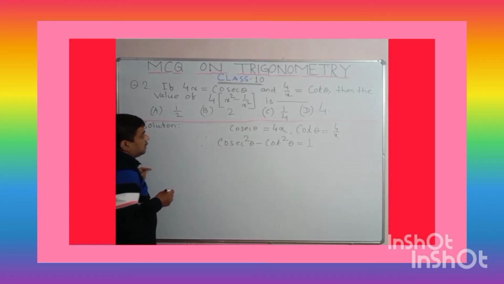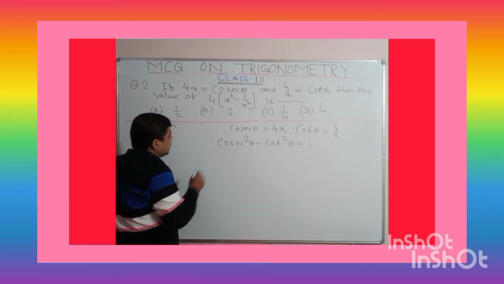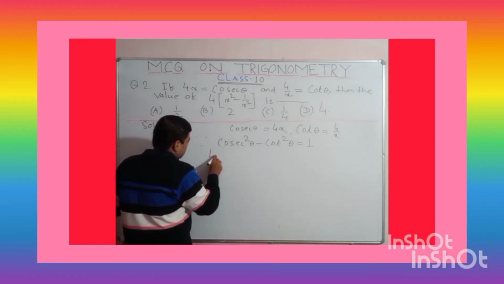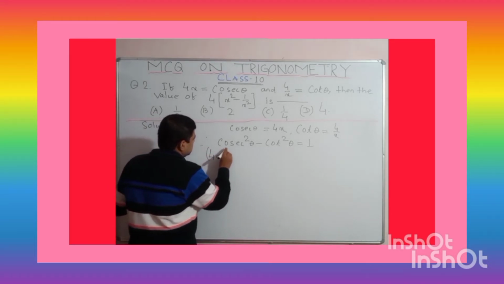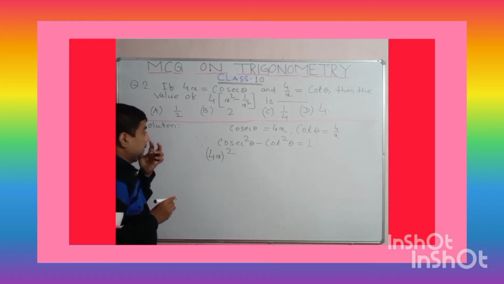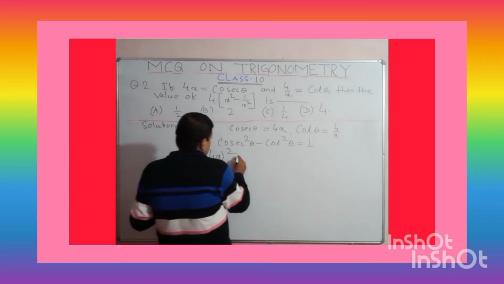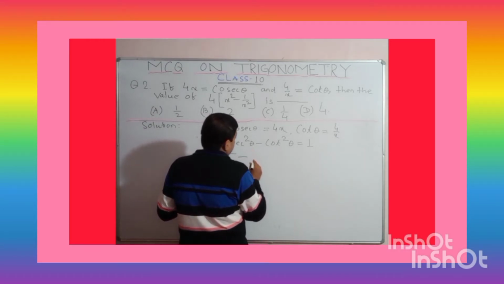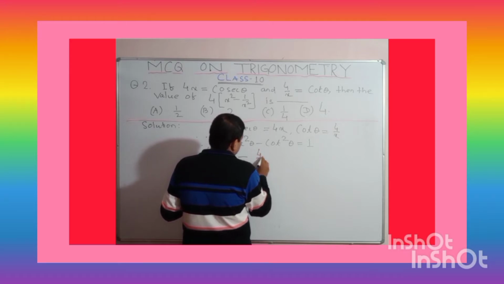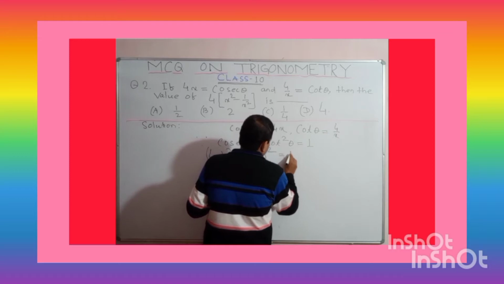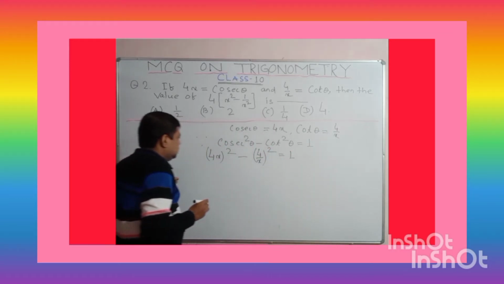So cosec theta is given as 4x, so cosec square theta is equal to 4x whole square. Understand? Minus cot theta is given as 4 by x, so cot square theta is equal to 4 upon x whole square, is equal to 1. Right?